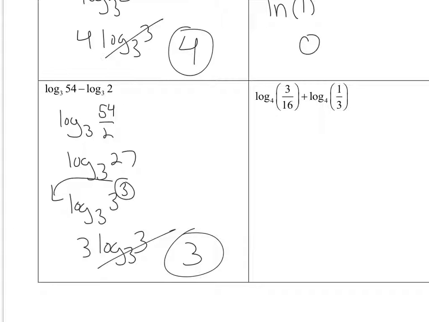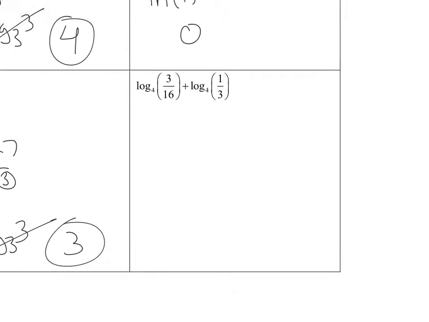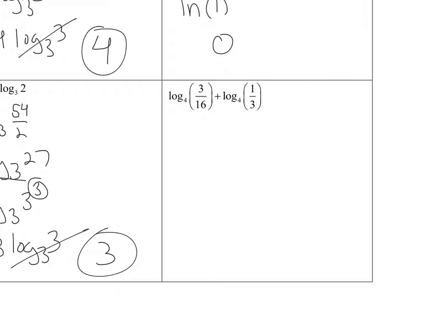Remember, we can condense the addition by multiplying on the next problem here. So you get log base 4 of 3/16 times 1/3. So you get log base 4 of 1/16.